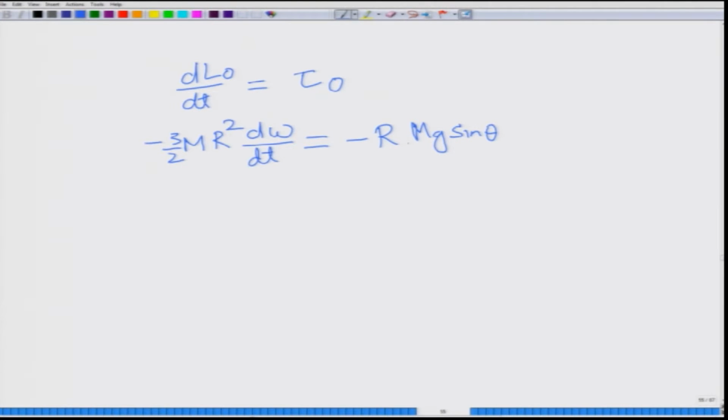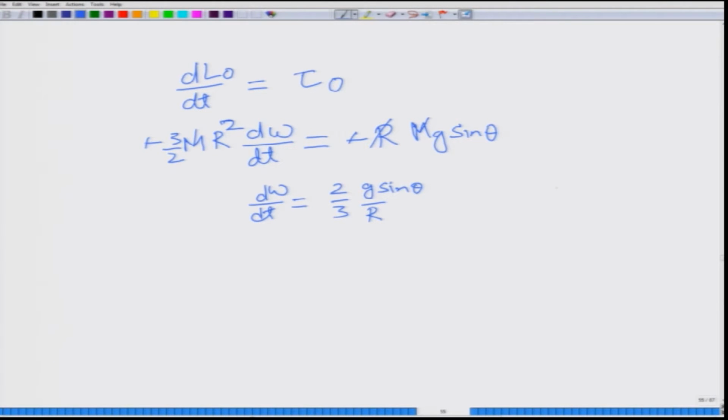So d dt of omega, minus minus cancels, mass cancels, one r cancels. So this is 2g sin theta by r by 3.